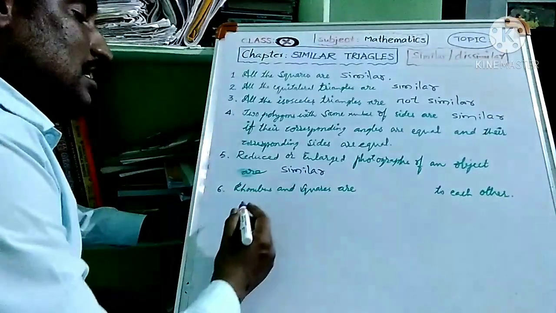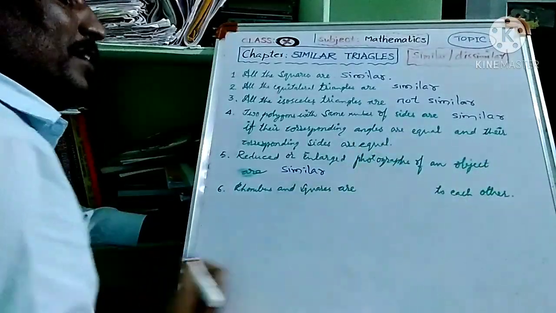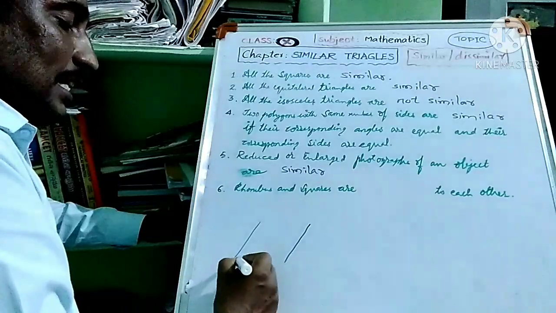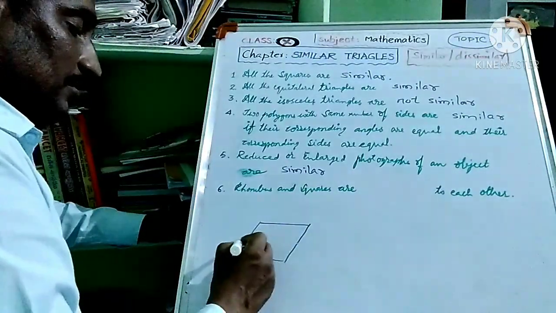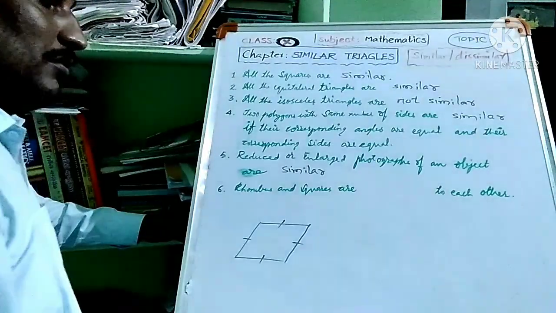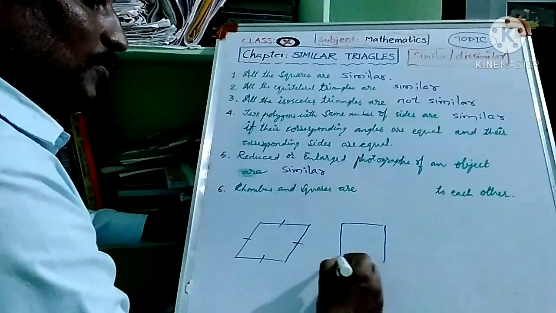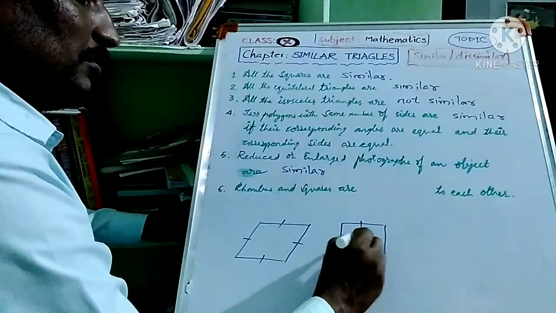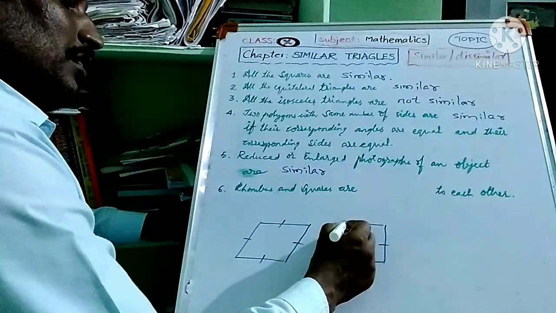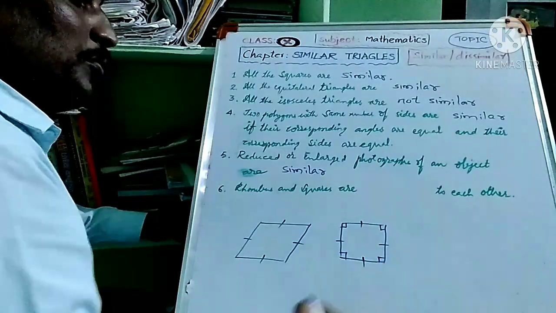Next, the last concept: are rhombus and square similar or dissimilar? First, rhombus means all the sides are equal. Square means here also all sides are equal, but in a square all the angles are equal and all are equal to 90 degrees.